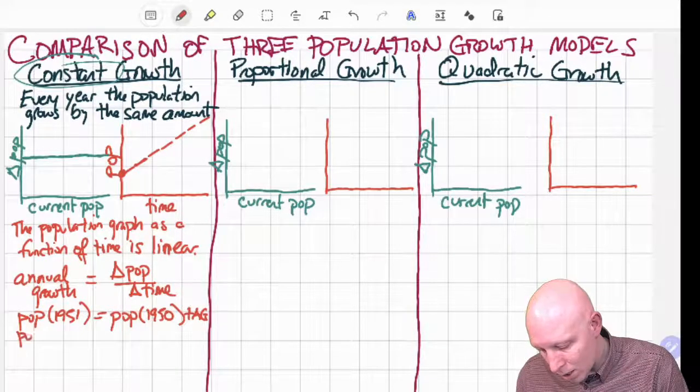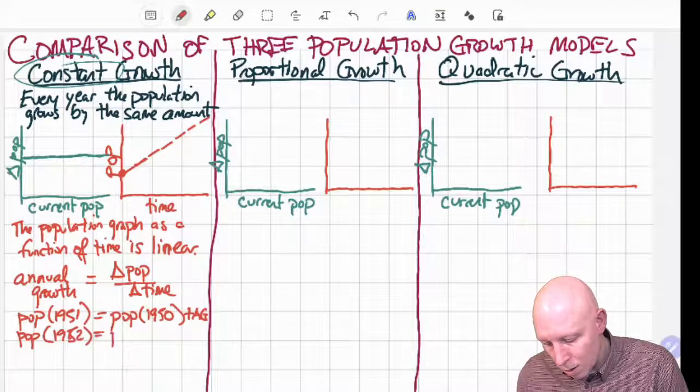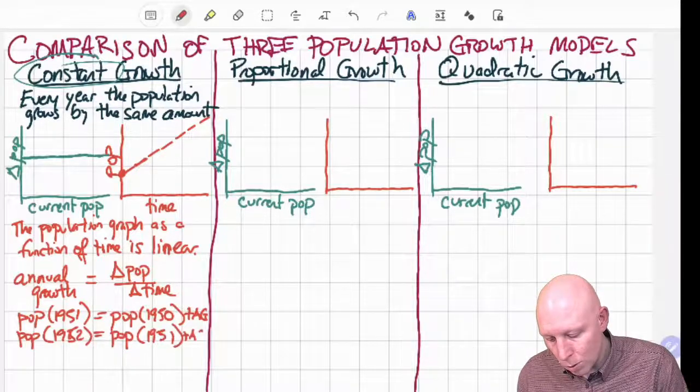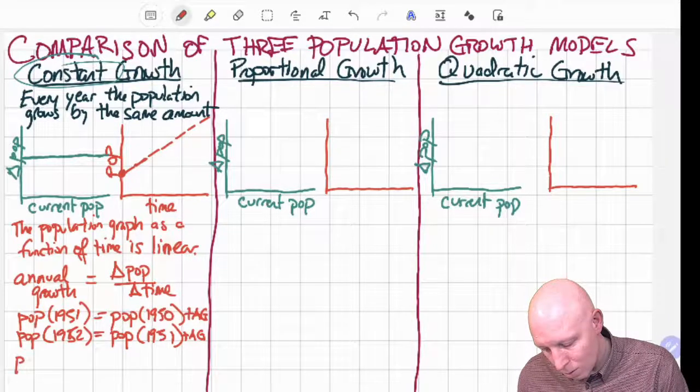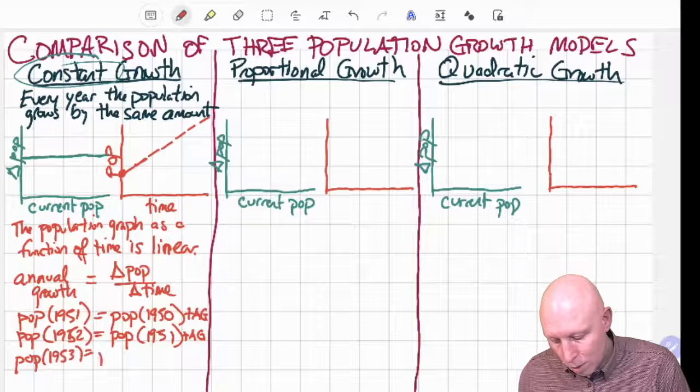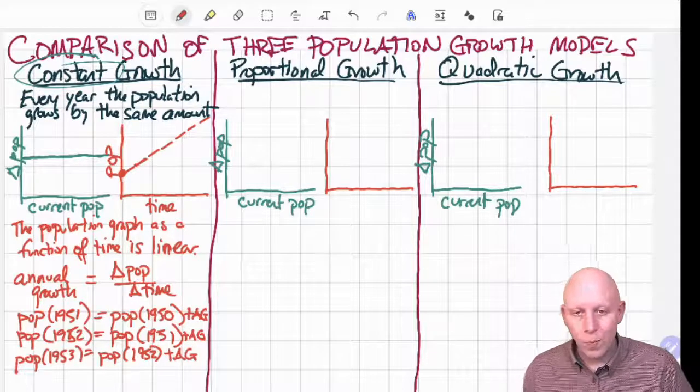Similarly, population at time 1952 is equal to the population at 1951 plus this annual growth. We'll put one more: the population at 1953 is equal to the population at 1952 plus this annual growth.